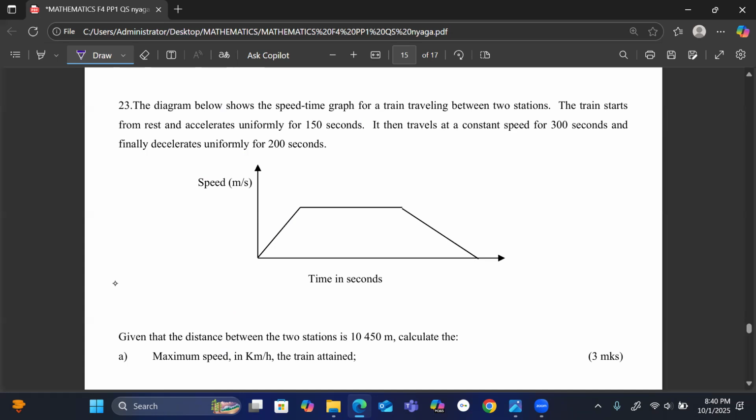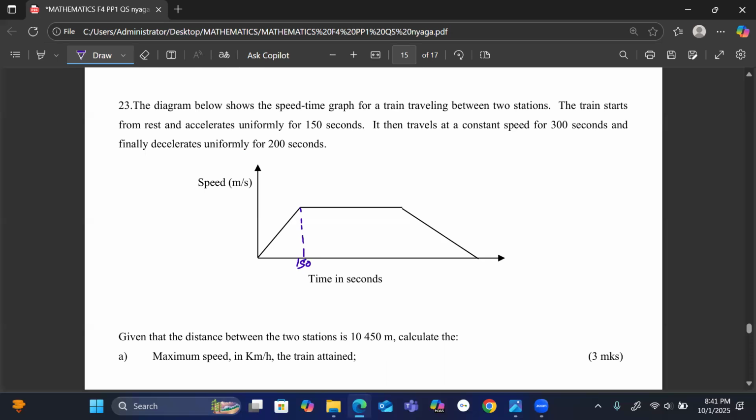So following the given information, it accelerates for 150 seconds. This is the time on the graph.